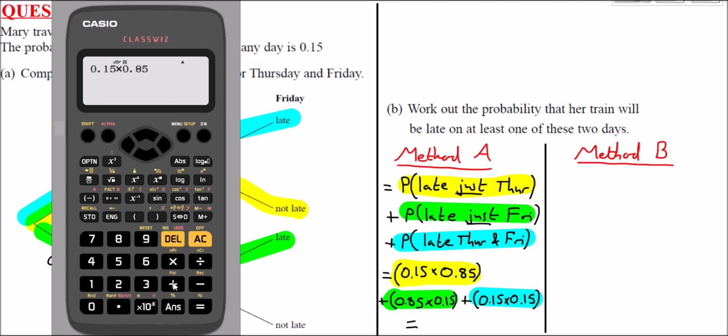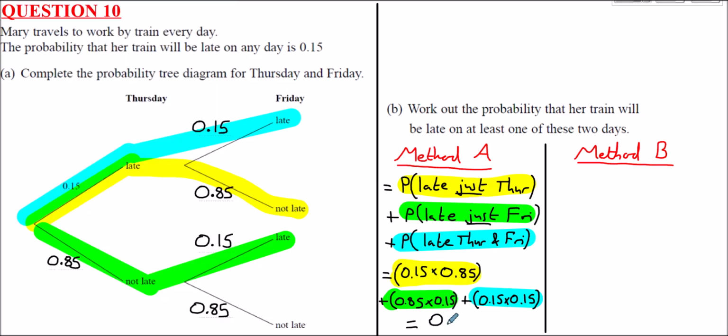Then plus this one I've done in green, which is 0.85 multiplied by 0.15, or third and final scenario, it's like both days, which is 0.15 multiplied by another 0.15. Press equals, and this comes out at being 0.2775. So that's method A, which is actually the slower way of doing it.